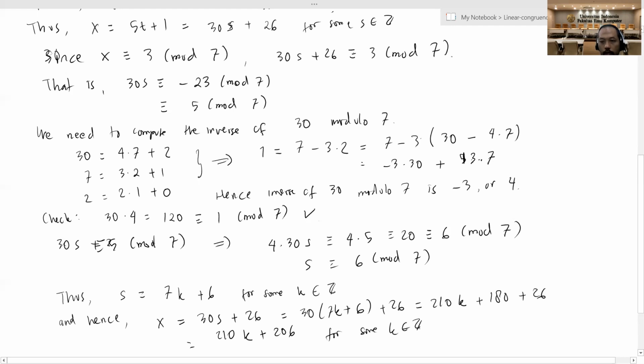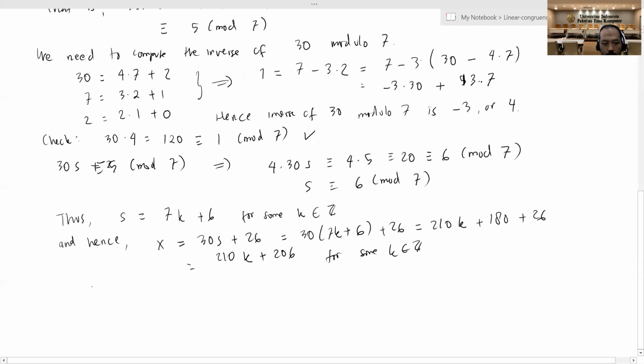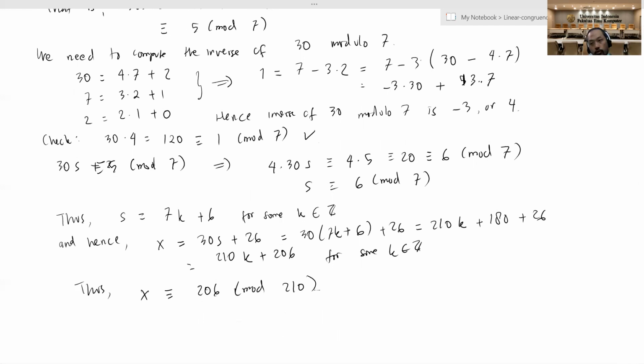Now this means, by this expression, we know that x must be congruent to 206 modulo 210. So that's our solution. Essentially any x that is congruent to 206 modulo 210 would satisfy the three congruences given in the problem.